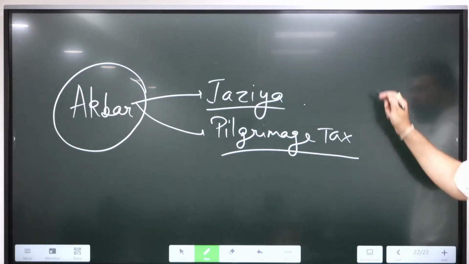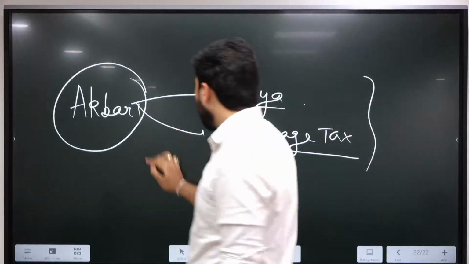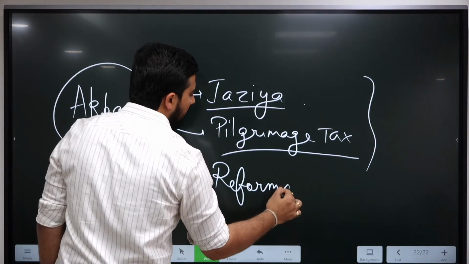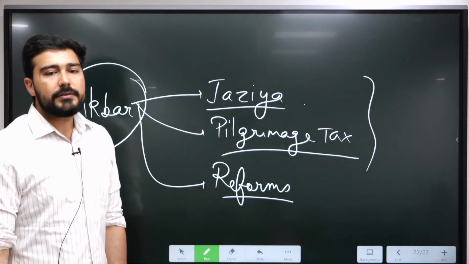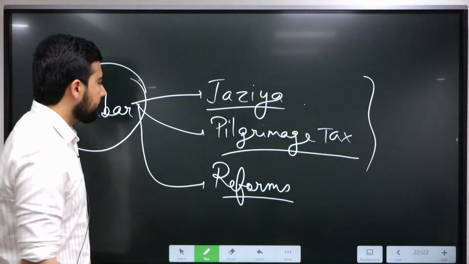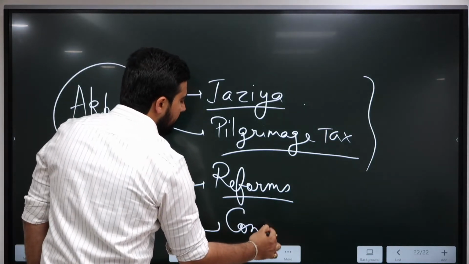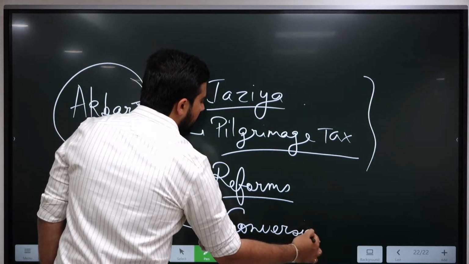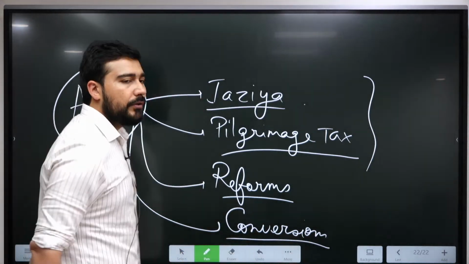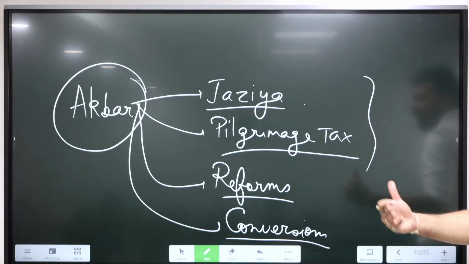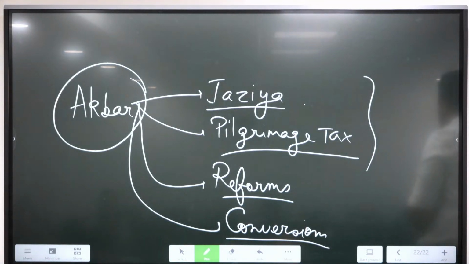This was also abolished by him. He also began the process of social reforms, like forceful sati, which was not allowed by him. During the later part of his reign, he even allowed conversion into Christianity. He came under the influence of some of the missionaries and started allowing conversions.